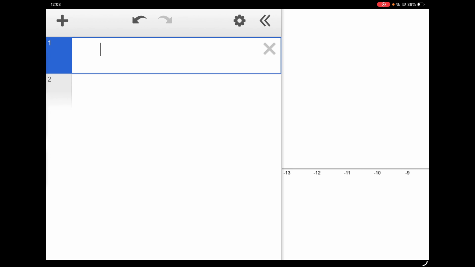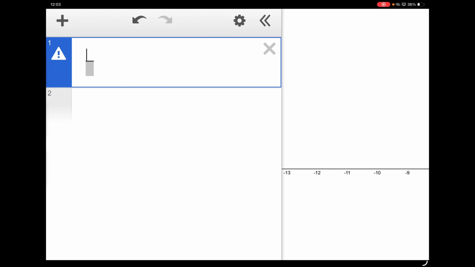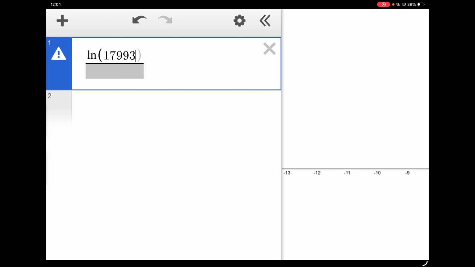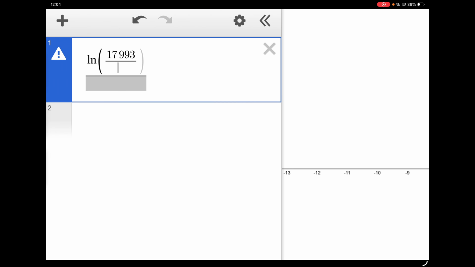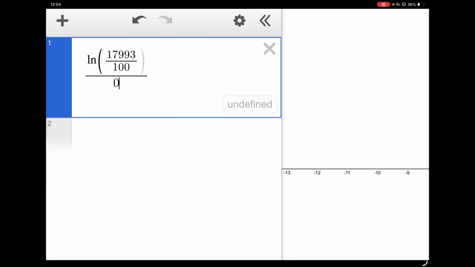The only thing left is to plug it into decimal and see what the decimal value is. We start with dividing the natural log of 17,993. That value gets divided by 1,000. Then moving your cursor down, we divide that number by the value of k, which is 0.085.